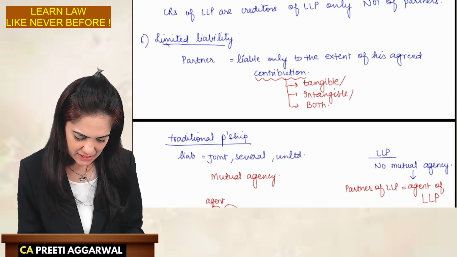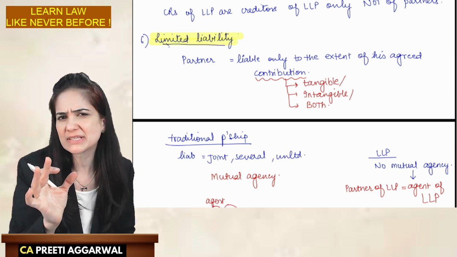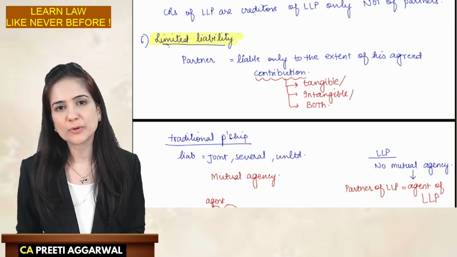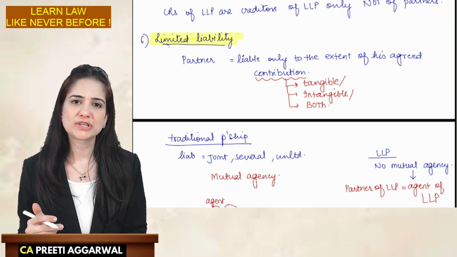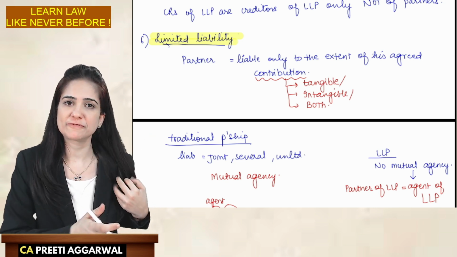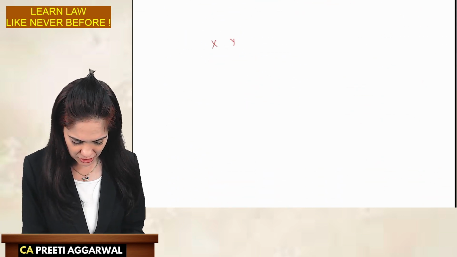Do you remember we had discussed in the first lecture that limited liability is one of the main reasons for converting a traditional partnership into LLP? Do you remember I had mentioned that many audit firms have now converted their traditional partnership firms into LLP? The reason is, say X, Y, Z are three partners.